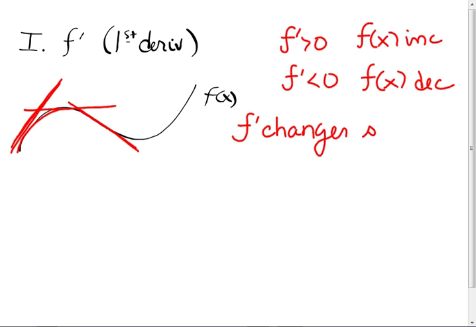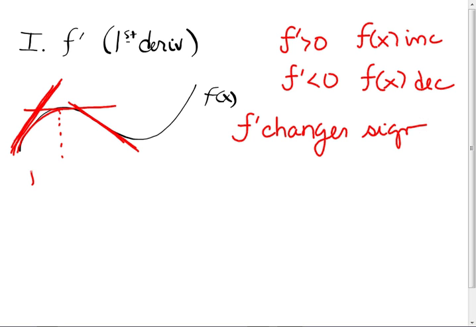It doesn't matter if it's undefined or 0. It just has to change sign. What if f prime changes sign? Does f prime change sign at this point? Positive, negative. Does it change sign there? Yeah. What's special about that point? It's a max or it's a min.